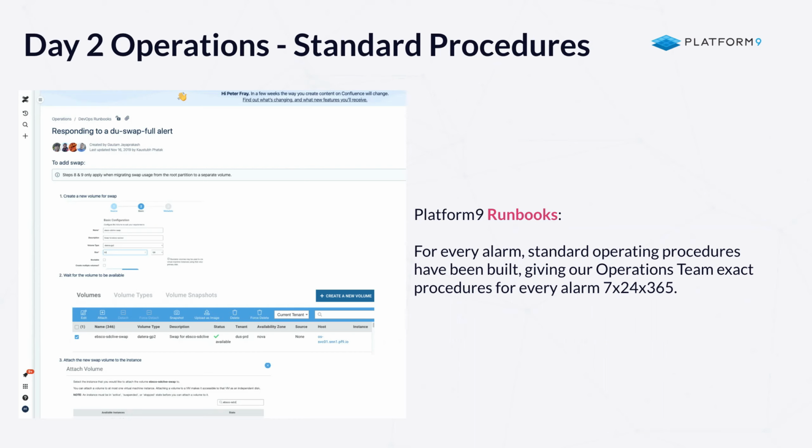We have this for all of our Kubernetes alarms, OS alarms, and control plane alarms, so it allows us to restore service to your Kubernetes cluster very fast. As we run into new alerts, alarms, and challenges, we build runbooks appropriate for each one.